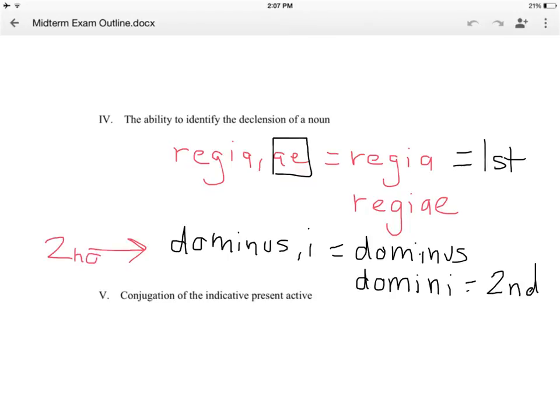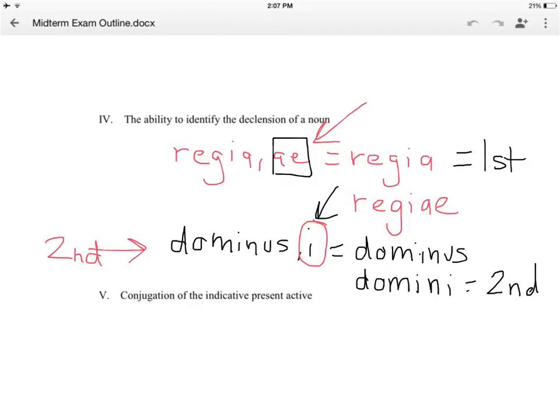The 2nd declension has a number of subcategories. So it's important that you understand that there are a number of subcategories for the 2nd declension, but all of them are going to have I in the genitive. If you identify the first declension by AE in the genitive, and if you identify the 2nd declension by an I in the genitive, you'll always get it right.